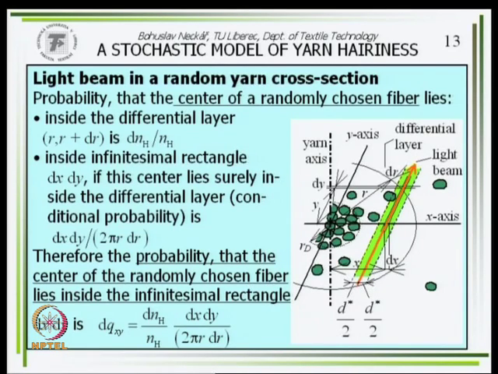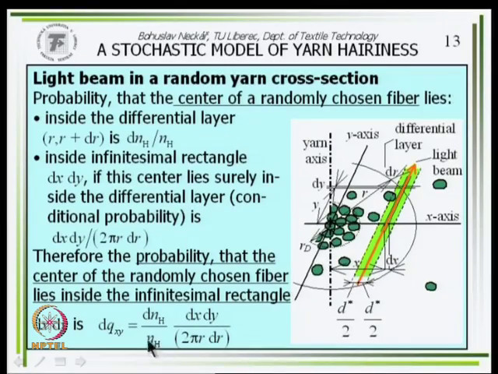Well, then we can formulate the probability that the center, I must say it is a conditional probability, this second, isn't it? The so-called conditional probability. The probability that the center of the randomly chosen fiber lies inside the infinitesimal rectangle is what? It is the probability that the randomly chosen fiber is lying in our elemental annulus times the probability that when it is lying in the differential annulus, it's lying also in our elemental rectangle.